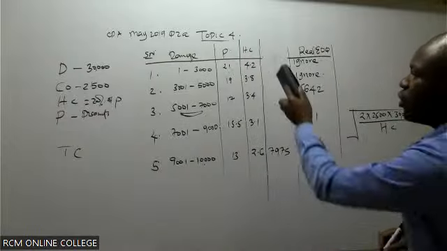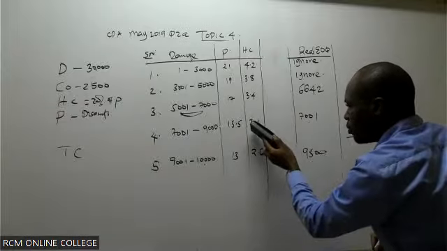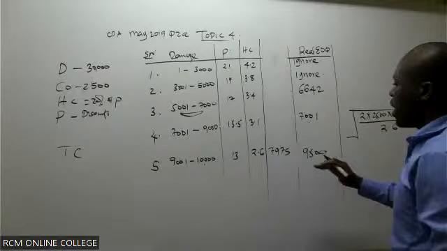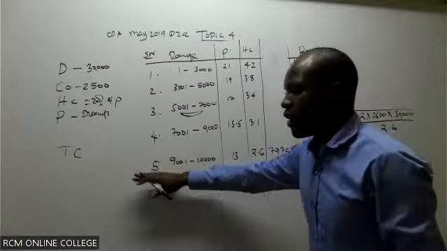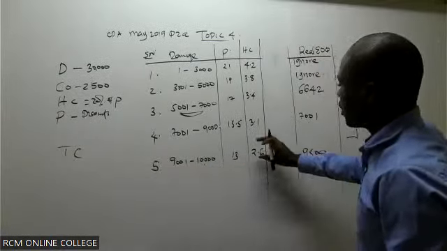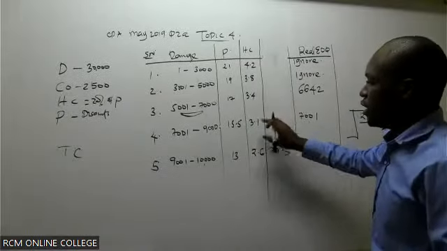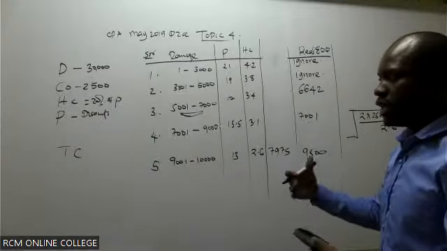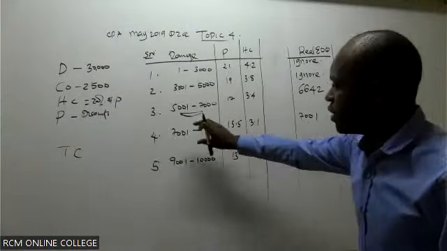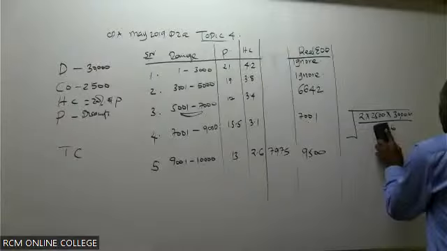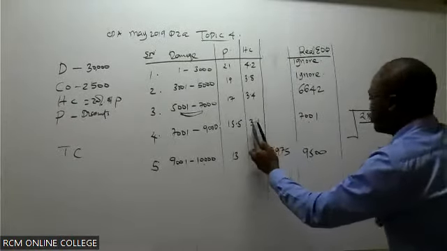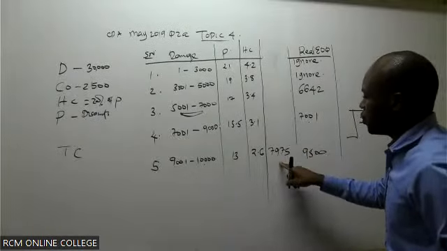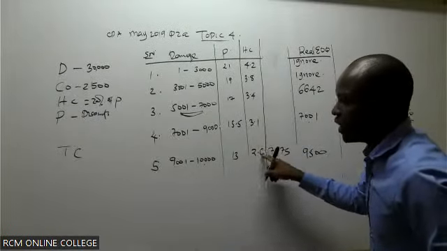You are taking holding cost of 2.6, not 3.1. Ukichukua 2.6. Why are you getting 2.6 from this range 5? Why do you take a figure from range 5 and use it in range 4, yet range 4 has got 3.1? Why do you want to bring it back? If you want to bring anything for range 4, then do away with 2.6, give us the holding cost in 3.1, because this one here is coming as a result of the holding cost in that range.